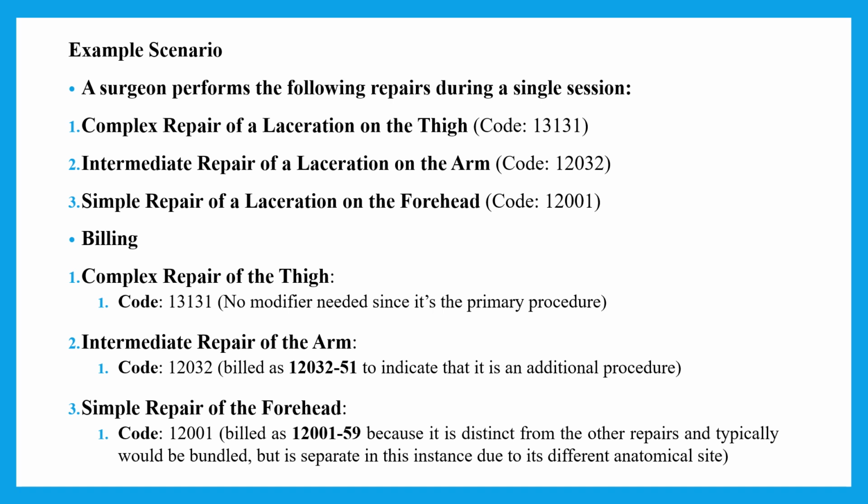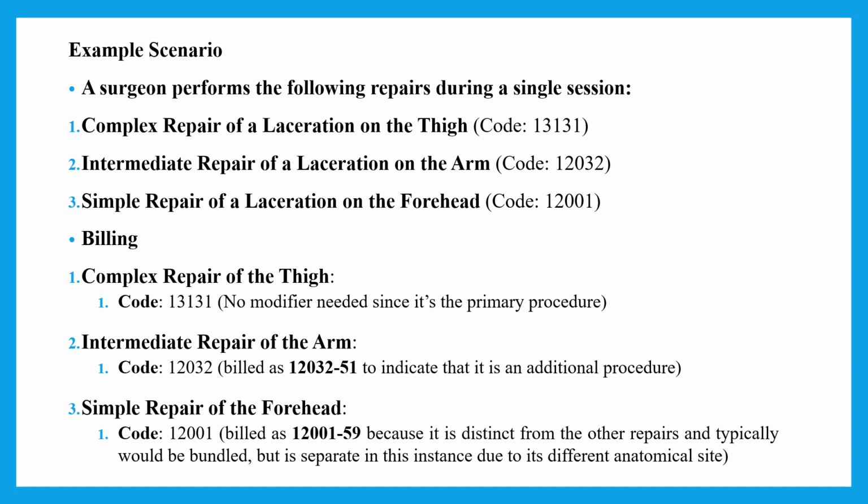Then intermediate repair, to indicate it is an additional procedure. Multiple procedures were performed, so modifier 51. Then simple repair for the forehead. Here they indicated simple repair separately. Why are we coding simple repair here?